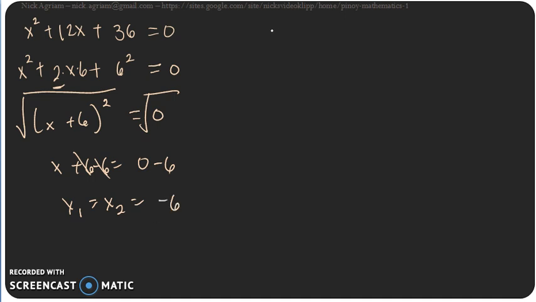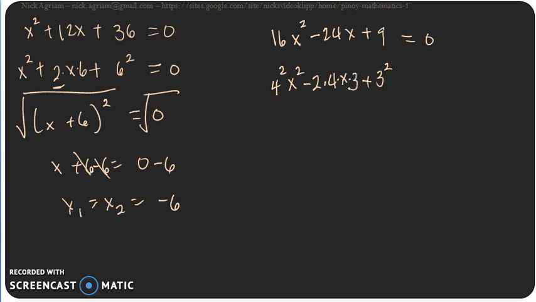Another example is 16x squared minus 24x plus 9 is equal to 0. If I have 3 squared there, and then we have 4 squared x squared, then my middle term, or the second term, should be 2 times 4 times x times 3.